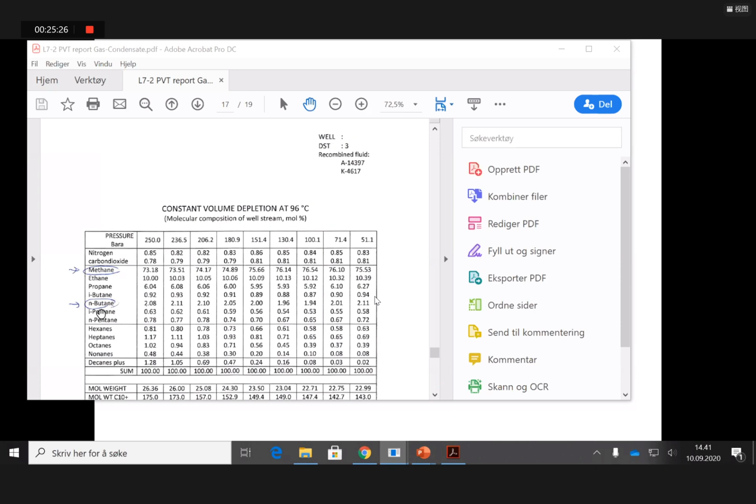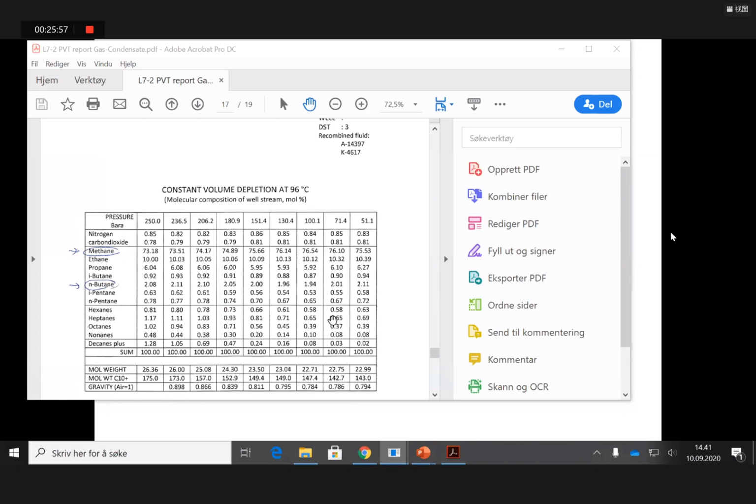If you look at the heavier components, we can look at the normal butane. The first gas that is produced at the dew point, or above the dew point, should be 2.04 in molar %, and then it declines generally, and then at the end, when the pressure is going further down, we see that the heavier components increase in concentration.